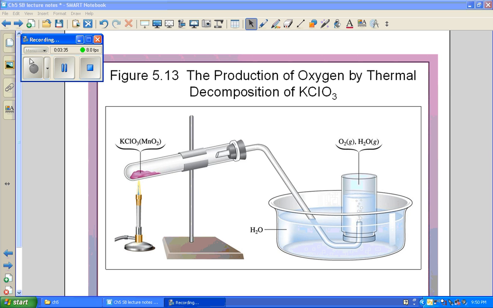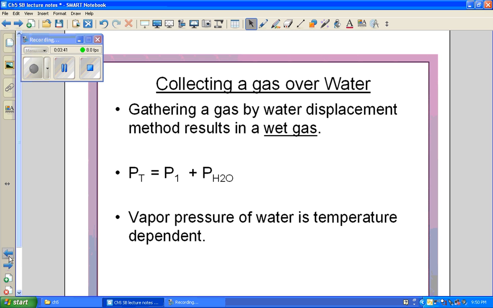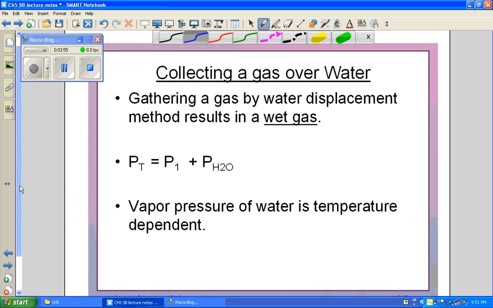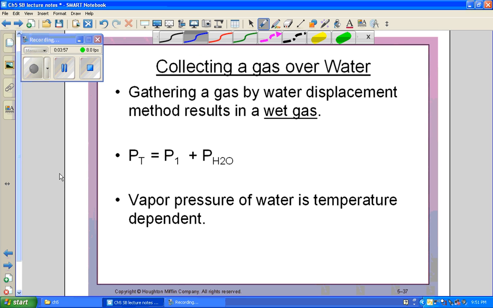Okay, problem averted. So we are collecting this gas over water again, which involves some principles that we need to take into account. Here we are talking about a wet gas because we are collecting it over water, which is what we did with our butane lighters. We know there's going to be a vapor pressure of water present. If you think about what we were doing, those water molecules are escaping from the surface of the liquid.